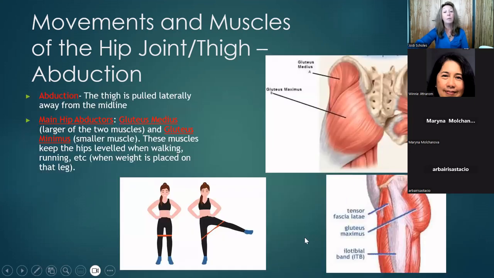Okay. And so what muscles contribute to abduction? As you might have guessed, it's a glute muscle, but it's actually glute medius. Here's where glute medius is located. The main hip abductors are glute medius here and glute minimus, because we're doing abduction.